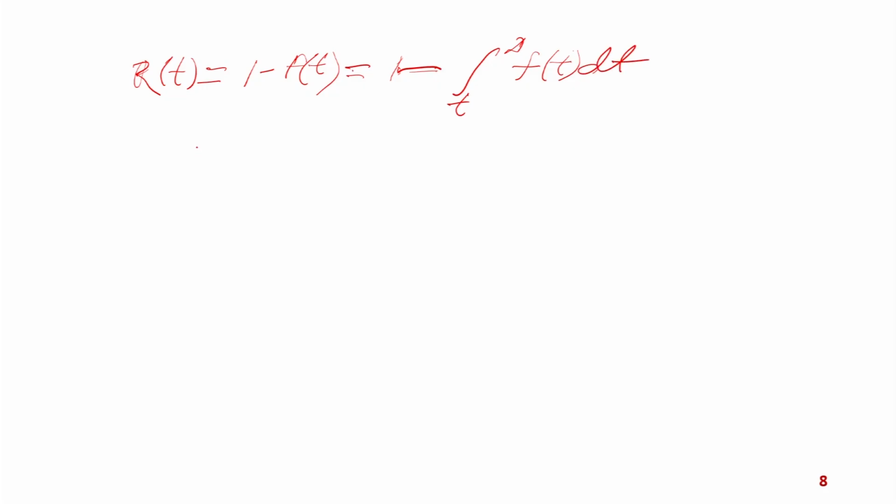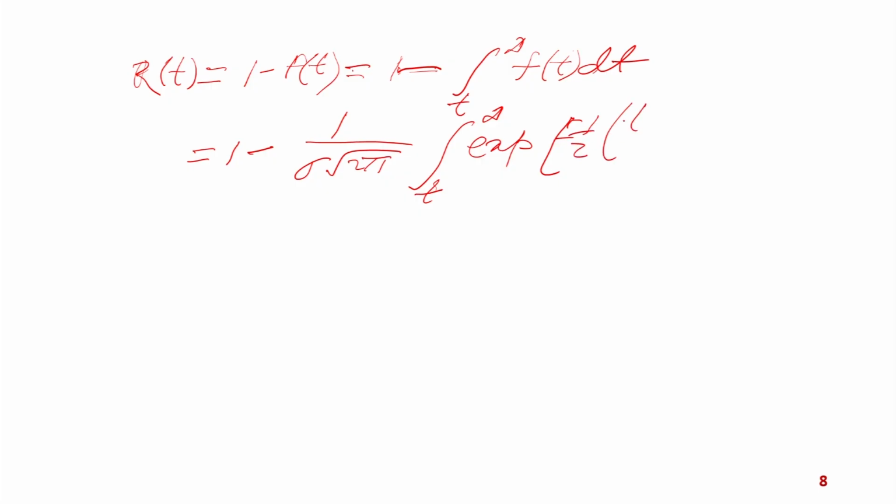So, this I can write as 1 minus 1 by sigma square root twice pi. We have already written this f t expression, so we are just putting it in here. The integral from t to infinity of exponential minus half t minus mu by sigma squared dt.